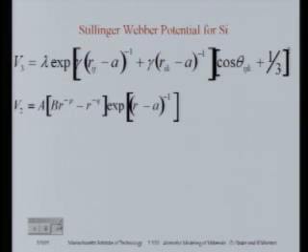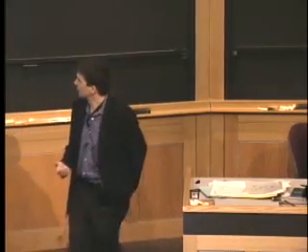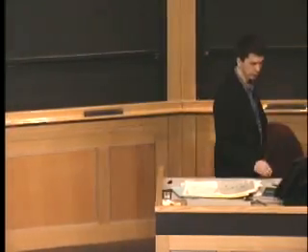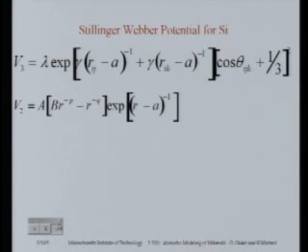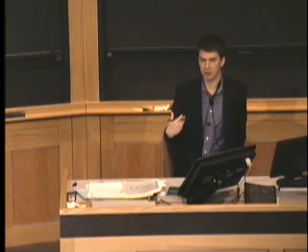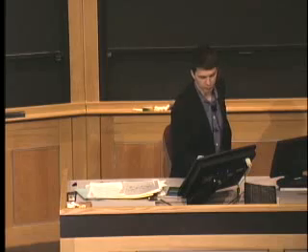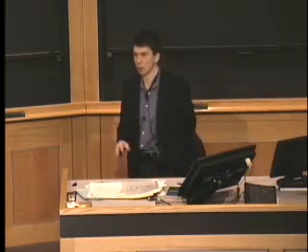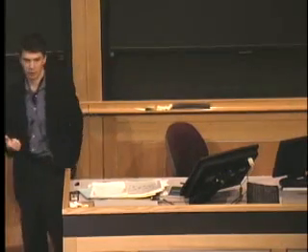The most famous 3-body potential is probably the Stillinger-Weber potential, which, as you can see, has this cosine theta form for the angular part. This is the distance dependence of the angular part, so how much you should penalize angular deviations as the distance gets further, and then this is the 2-body part, which is sort of a Morse-like potential.